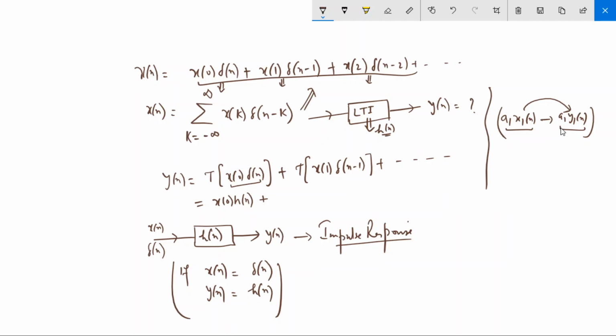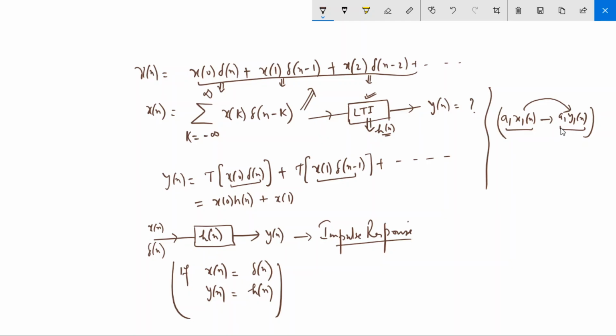Then the output due to this is x1 times the response due to delta n minus 1. Here we use another property, that is time invariance. If the system is time invariant, it means if you delay the input by some time, the output is also delayed by the same time.